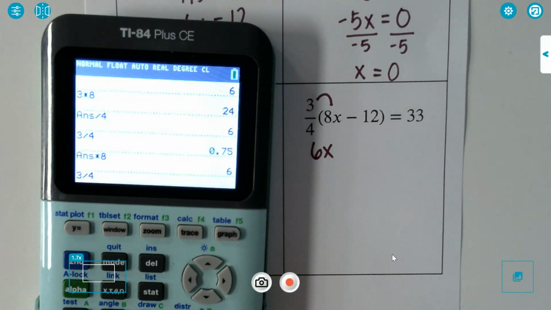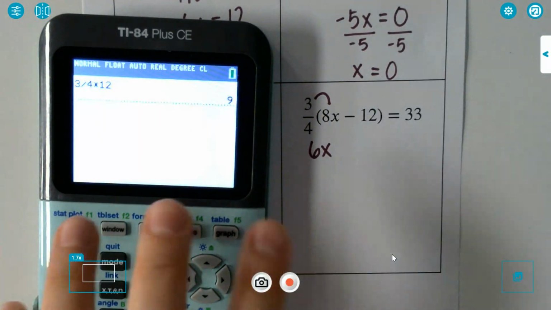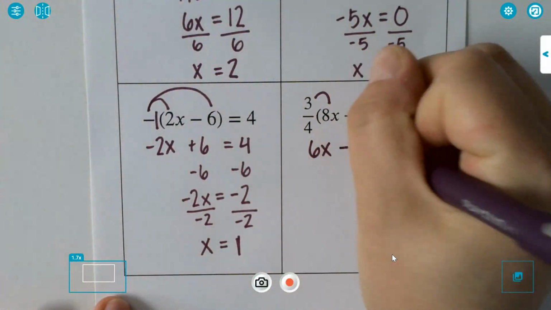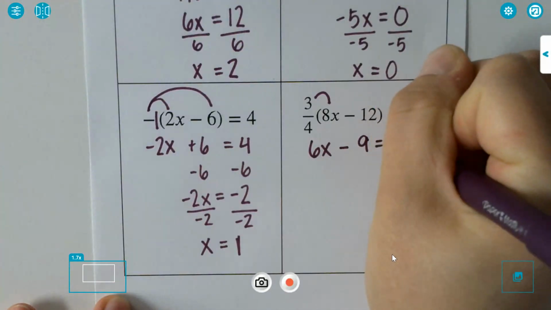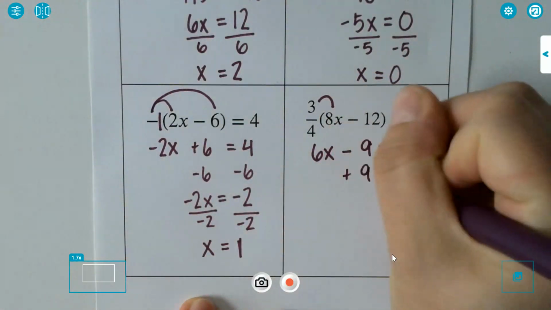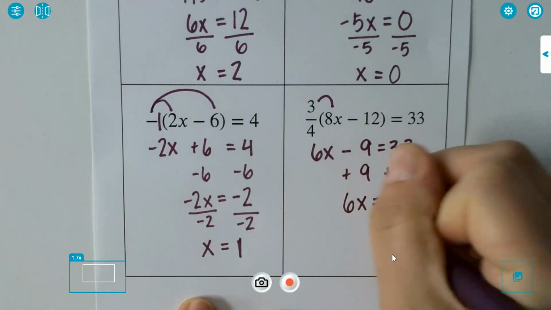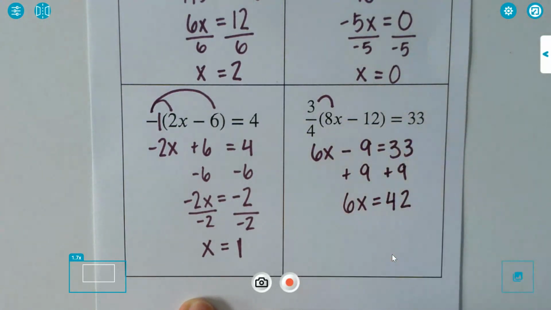3/4 of 12. So 3 divided by 4 times 12 is 9. So 6x minus 9 equals 33. Oh my god, I did it again. Okay, so then we're going to add 9 to both sides. We get 6x equals 42. 33 plus 9 is 42.